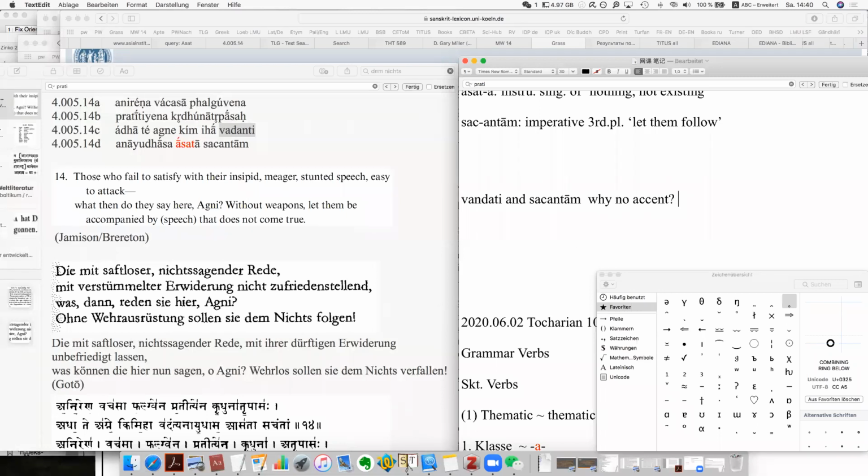This is my question. 我要用中文重复一遍嘛，就是吠陀梵语，它词都是有重音的，都是要标重音的。大家看好了，him、iha、ana、udasa、asata and so on。但是为什么这两个词 vadanti 和 sachantam 没有重音？Why no accent？你们听到了吗？可以，有什么想法吗？Yeah, and then why?